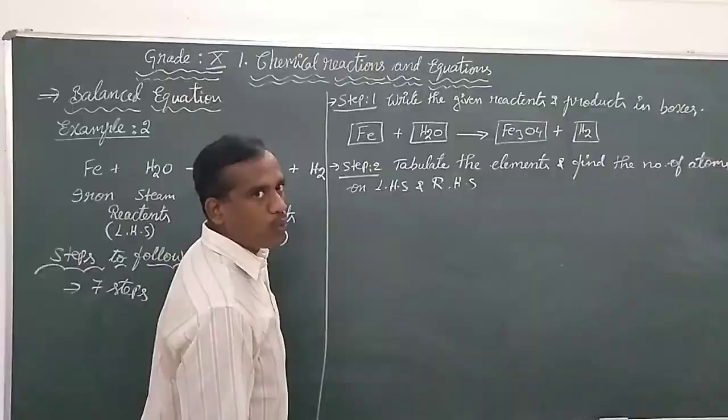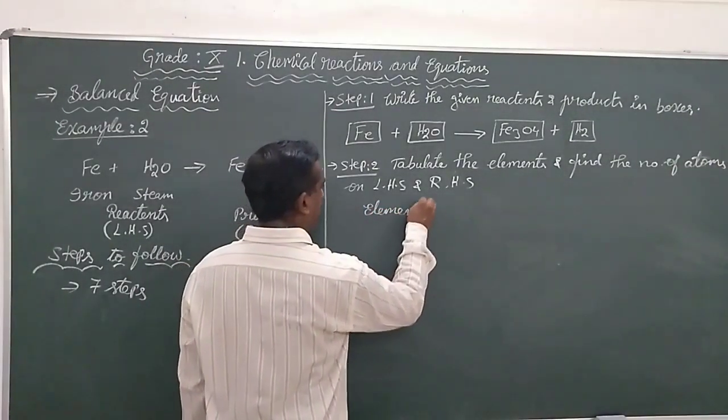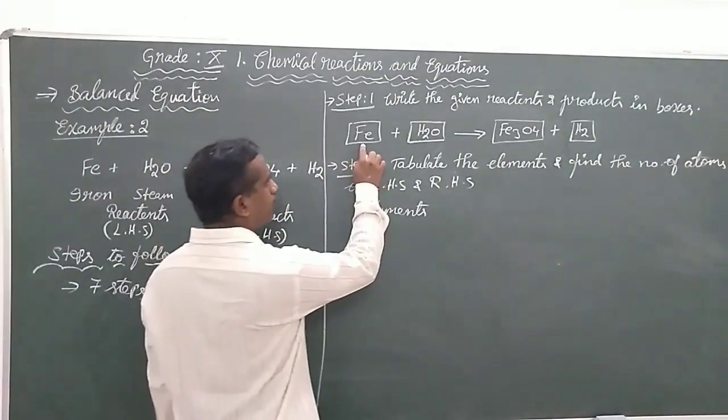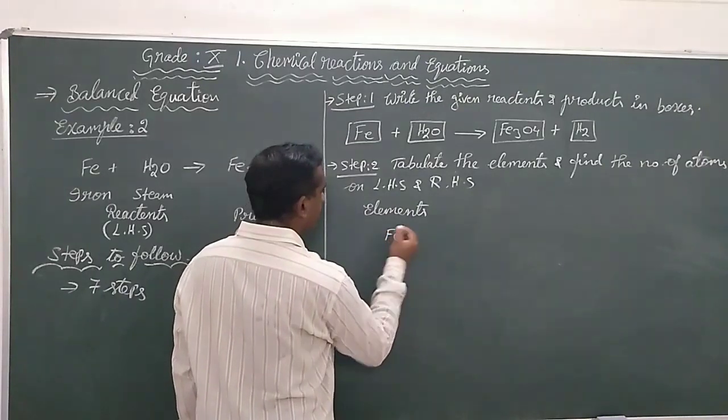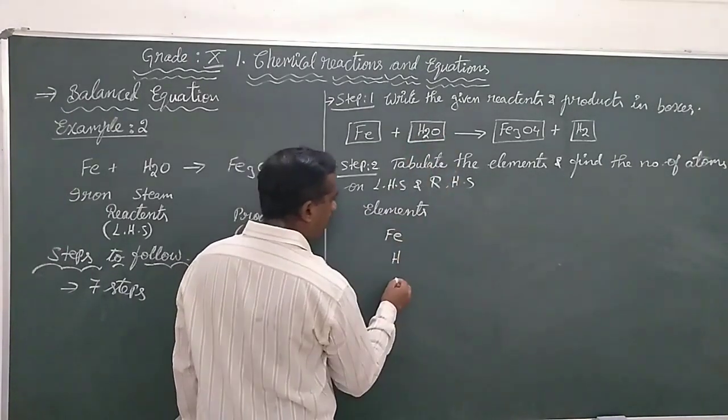That is our second step to do. So let us take the elements that are present here. What are the elements that are present in this equation? We find iron, we find hydrogen, and we find oxygen.